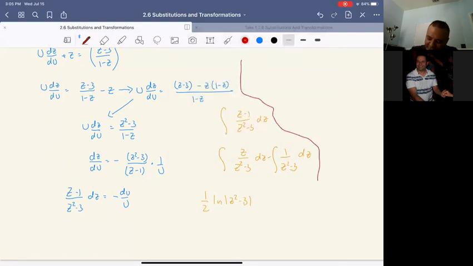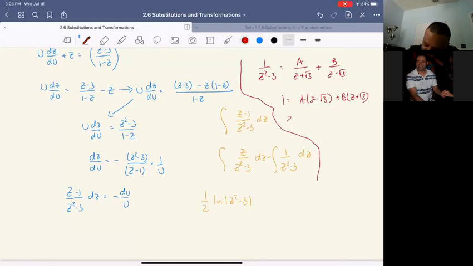Oh, I'm fired now. 1 over z squared minus 3 equals a over z plus root 3 plus b over z minus root 3. We're going to do it by partial fractions. So 1 equals a times z minus root 3 plus b times z plus root 3.